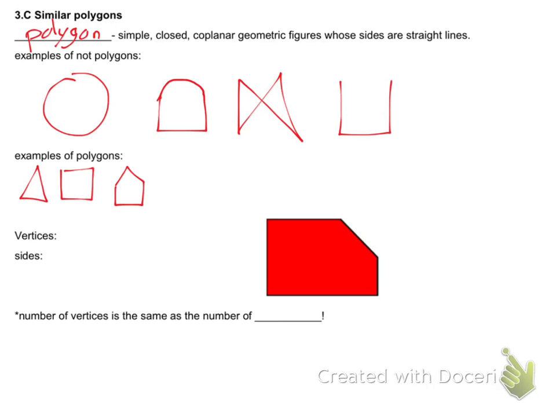Pentagon. Hexagon. Next would be a... No, we already had a hexagon. Octagon. No, that's a 10, right? Or 100. So, no, you're skipping. That's 6. Then we got to go to 7. Heptagon. Okay.